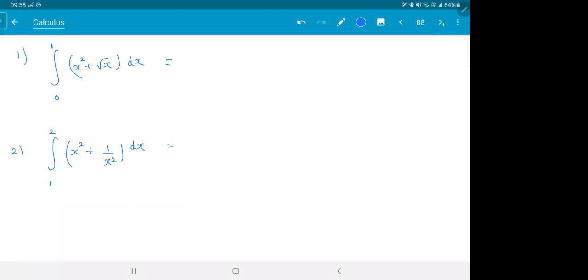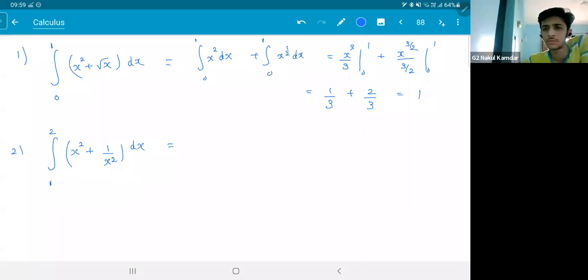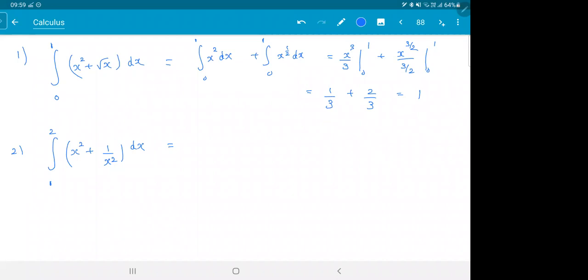Let's see the first one. Root x is x power half. 3 plus 6. 1. Is that right? First one, check it out.